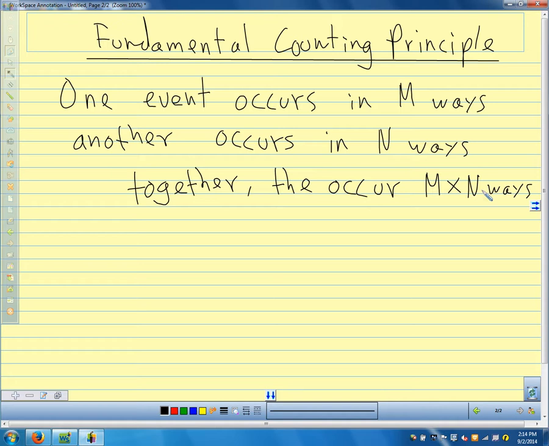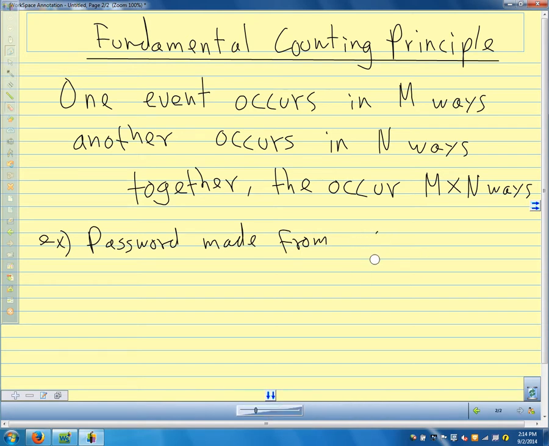So that's one of the easier ways to count when we have a lot of things that we're putting together. So let's look at another example. Let's say we need a password made of one letter and two one-digit numbers.